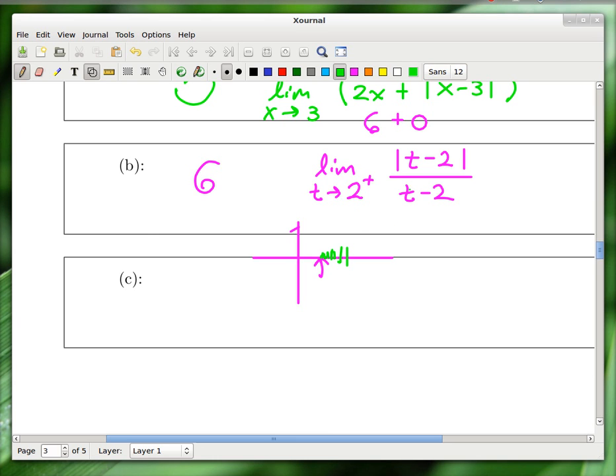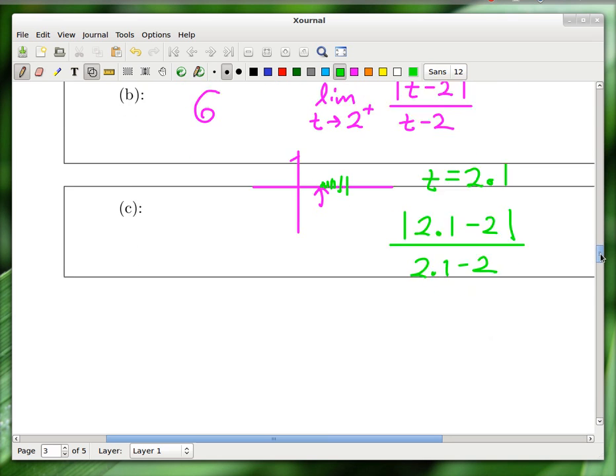Okay, so since t is coming from the positive side, we could cheat a little bit and just think of t as being, what is t when it's just a little bit to the right hand side of 2? It's like maybe 2.1. So what happens when you put in 2.1 here? Get the absolute value of 2.1 minus 2 over 2.1 minus 2. So what is that going to do?